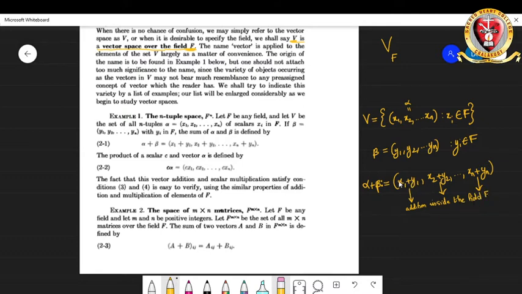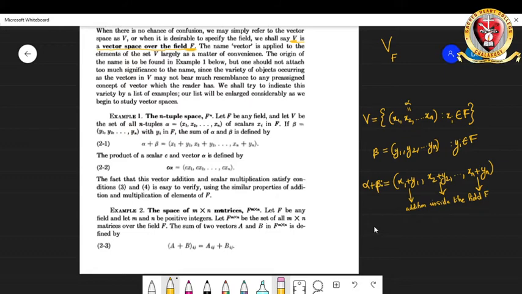So we are defining the sum of two elements inside this V as the component wise addition, and that addition is happening inside the field F. So that is well defined.